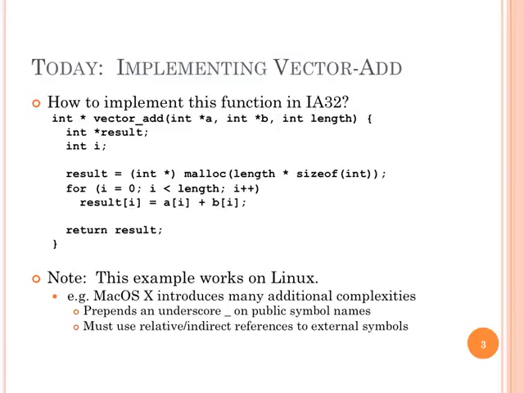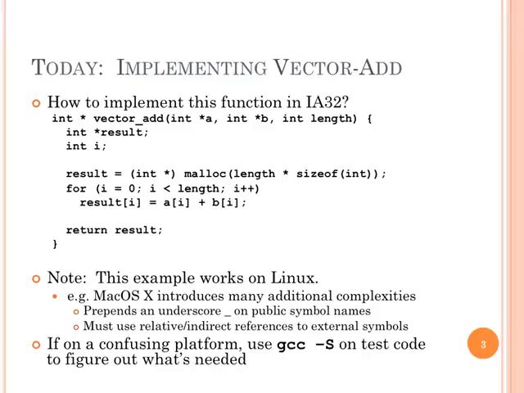If you want to see what the Mac does, I would recommend write this C code and then do what we had last time, gcc -S -O2, and see what it generates. You'll notice that although some of the details are identical, some of the details are very different, and it's those differences that prevent us from being able to do this on just any platform.